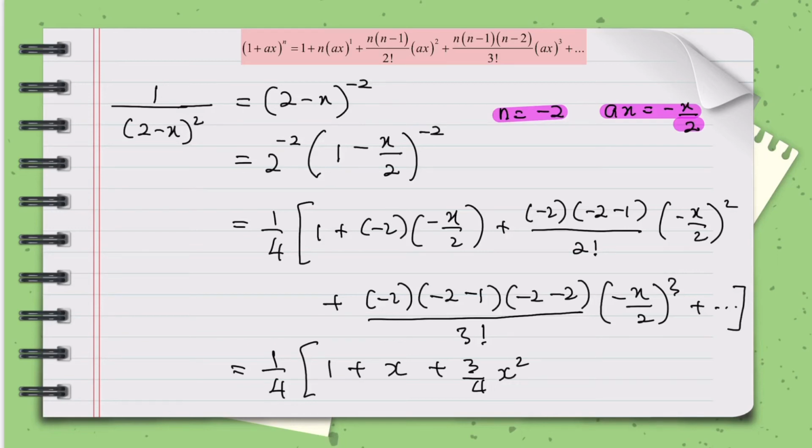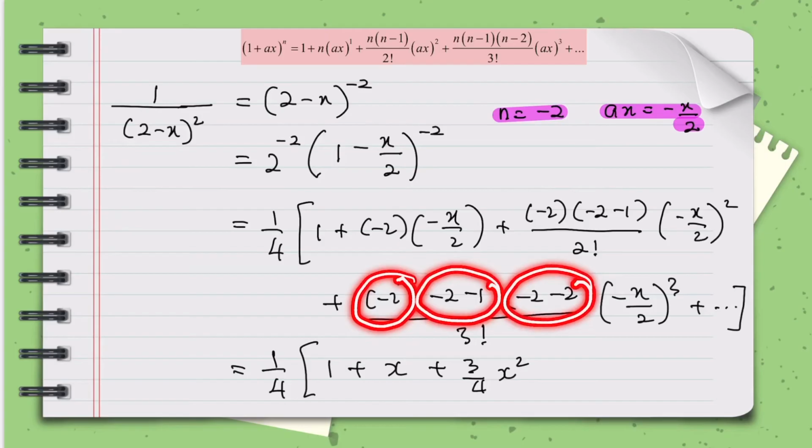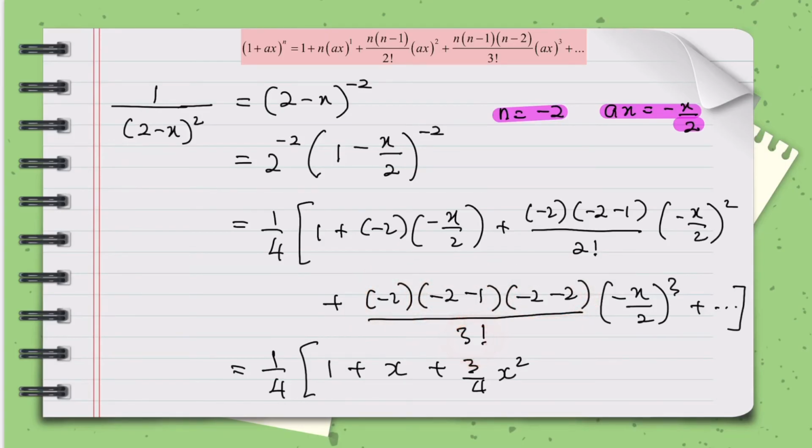And for the last term, negative 2 multiplied by negative 3 multiplied by negative 4 divided by 3 factorial multiplied by negative x over 2 all cubed equals plus 1 over 2 x cubed plus triple dots.